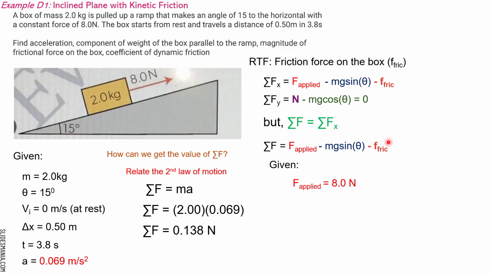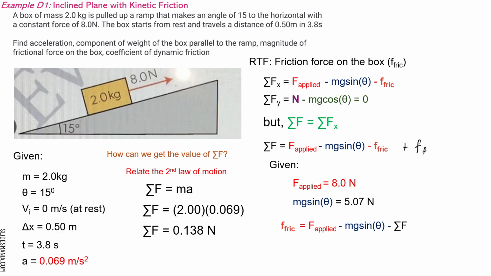Again, the applied force, which is the pulling, is 8 newtons. Mg sine theta, as we saw, or the component of the weight of the box parallel to the ramp, is 5.07 newtons.